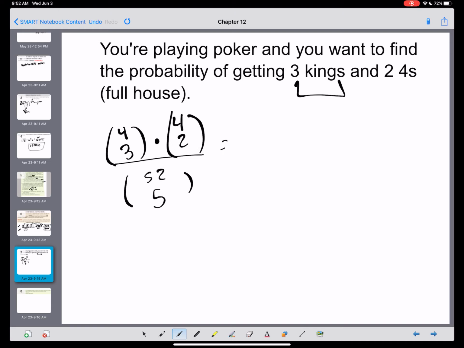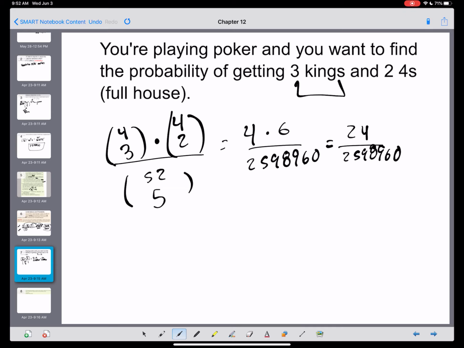So this is 4 times 4 choose 2, which is 6, over 52 choose 5, which is 2,598,960. So that's 24 over 2,598,960.